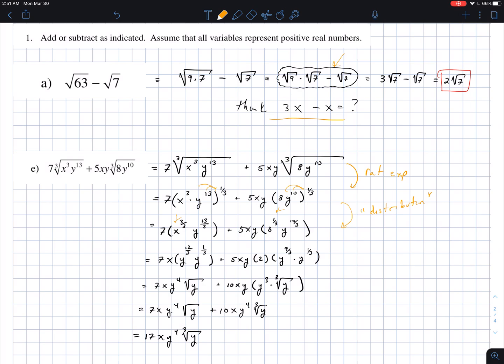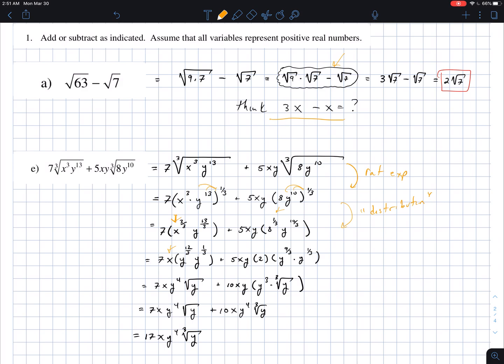What we can see here is that x to the 3/3, the one that I have pointed right here, is really just x, so I pulled that one x out. Then I broke the y's from the 13/3 into a product of two factors, and what I have here is y to the 12/3. Well, 12 divided by 3 is 4.